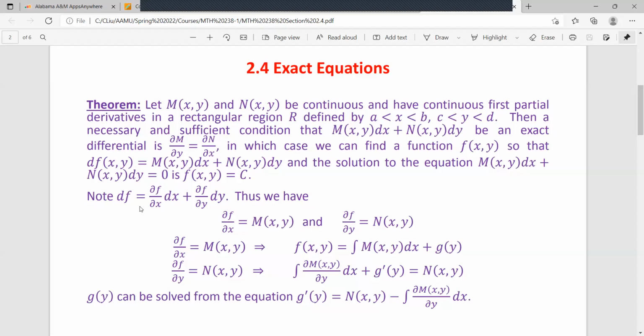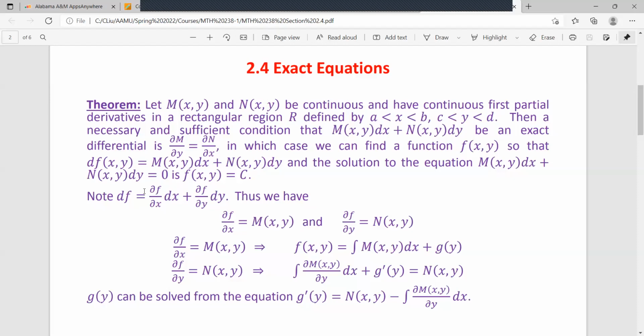All right, so we start from the definition of the differential of f. So that's just partial f partial x dx plus partial f partial y dy. That's the definition of the differential of f with two variables, x and y.